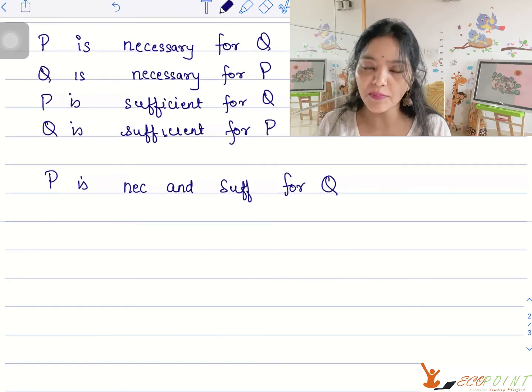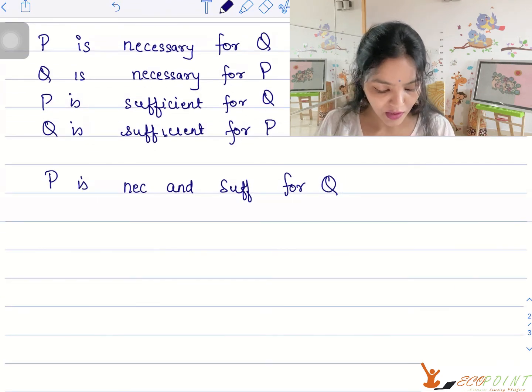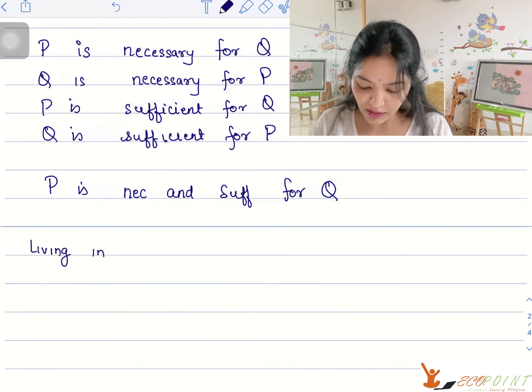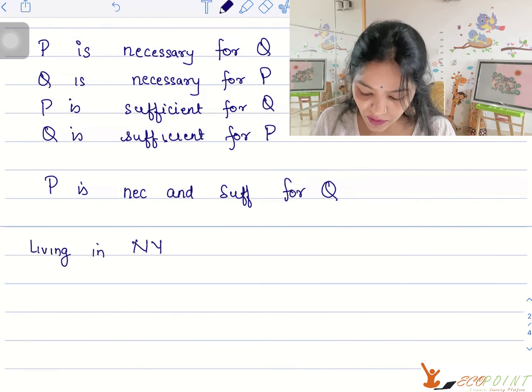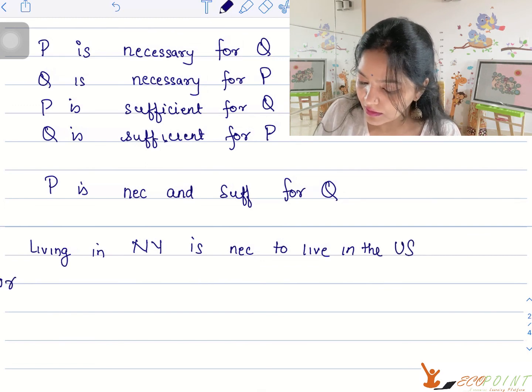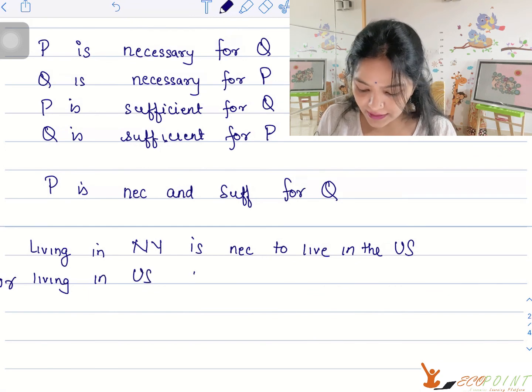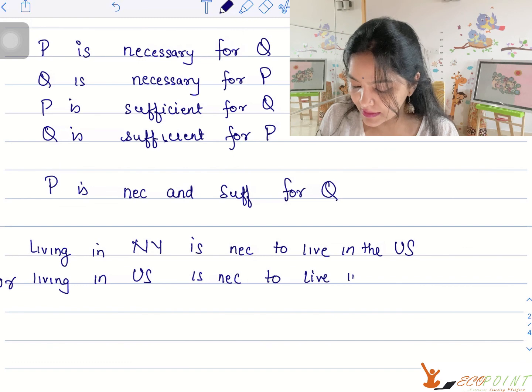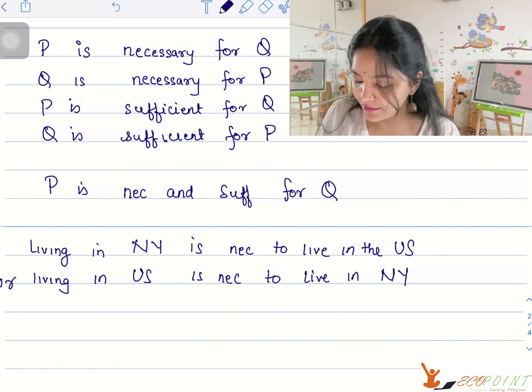And let's understand it by an example. So let me give you a couple of examples. Living in New York is necessary to live in the US, or living in the US is necessary to live in New York.